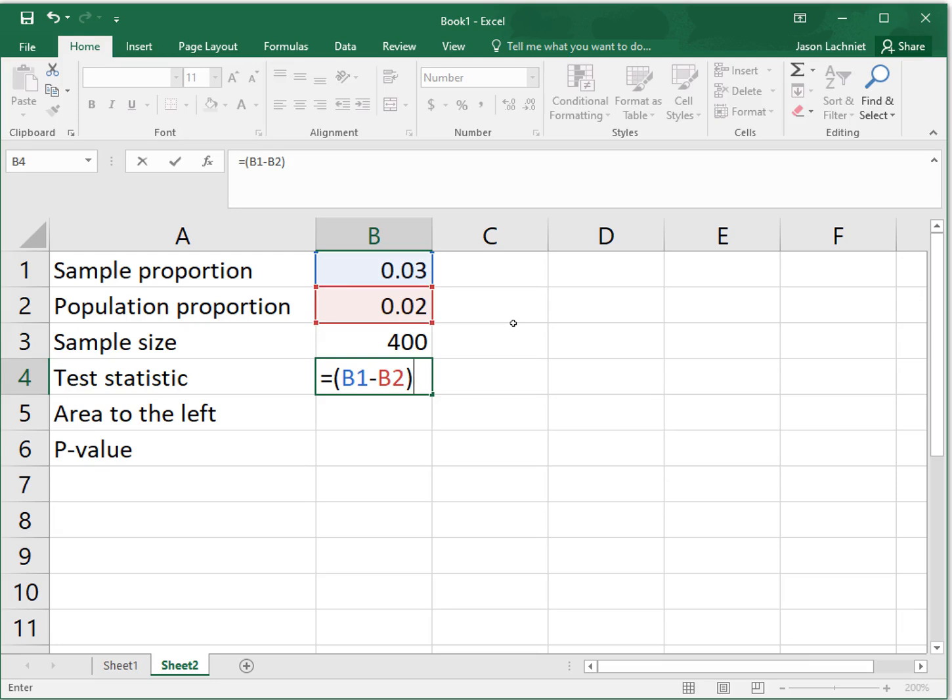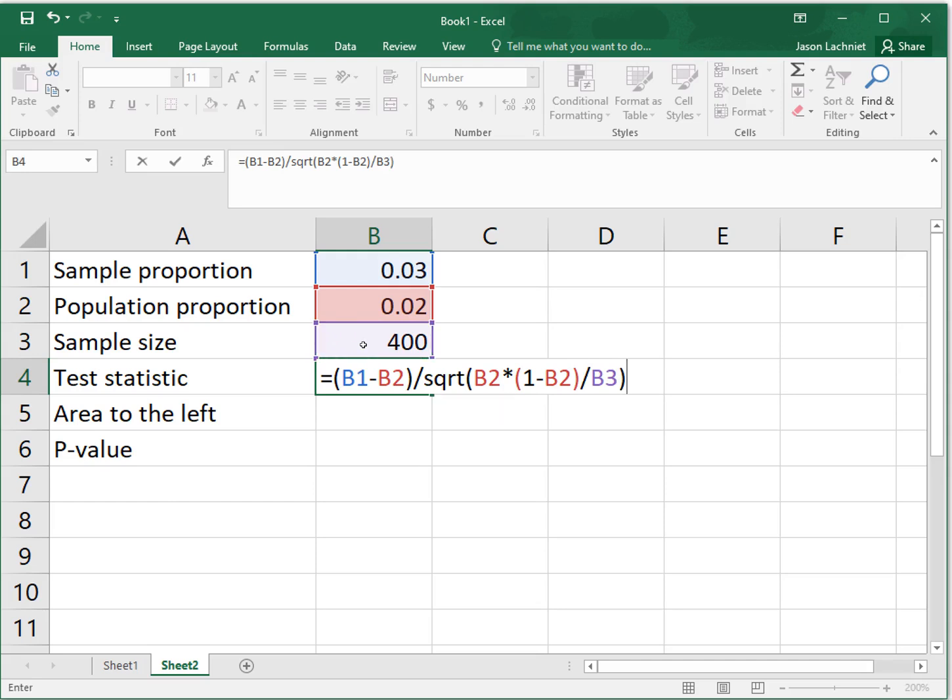Close the parentheses around the numerator, divide by the square root, SQRT, parentheses, and then it's going to be P times 1 minus P. This is P from the null hypothesis, 0.02, times, in parentheses, 1 minus P, still clicking on P again, that divided by the sample size n, all fits inside that square root, which is in the denominator.